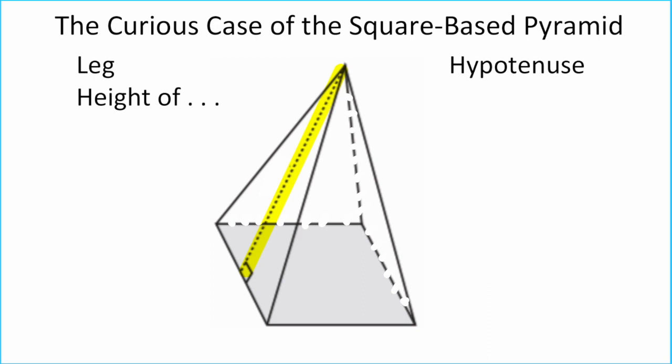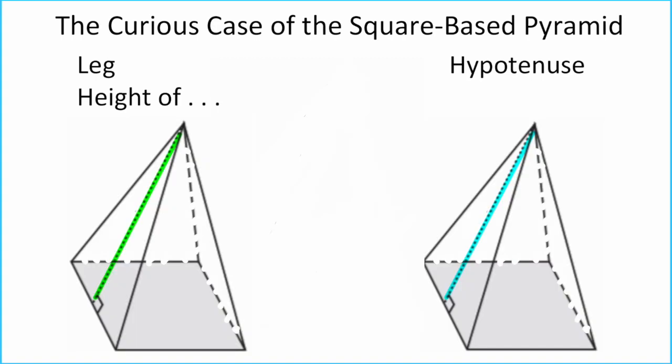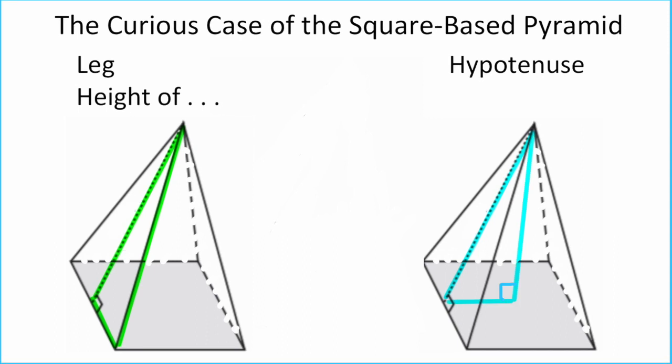So let's examine this by splitting it into 2 parts here. So on the left, that green right triangle, that original highlighted dashed line, that's the leg of that right triangle. Now, over on the right, we can draw a different right triangle. Now that dashed line is the hypotenuse of a right triangle.